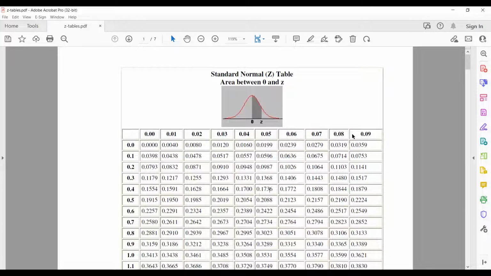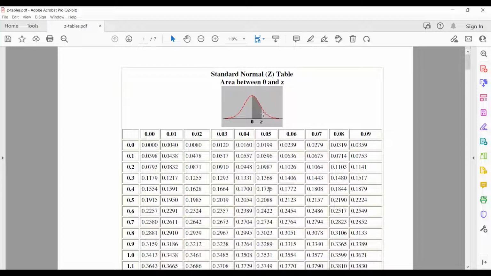So now, how do you use this table? In our case, we are calculating the probability that z is at least 0. So in this case, 0 is small z.